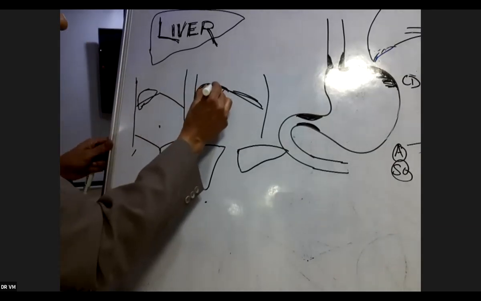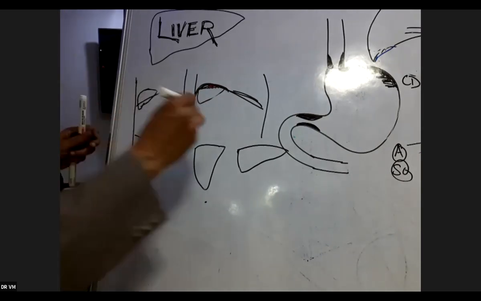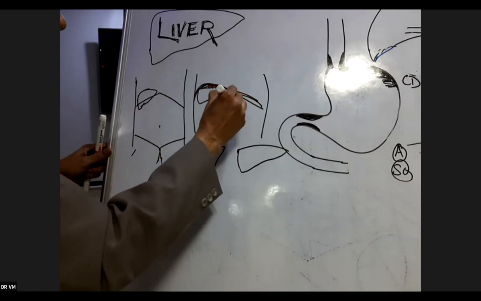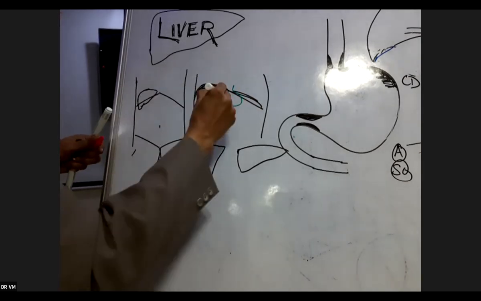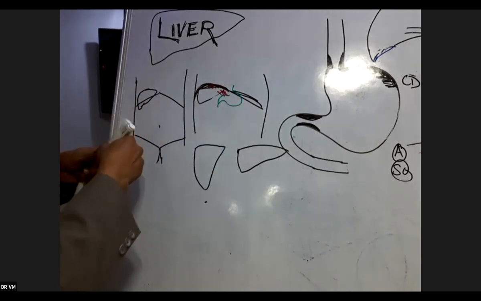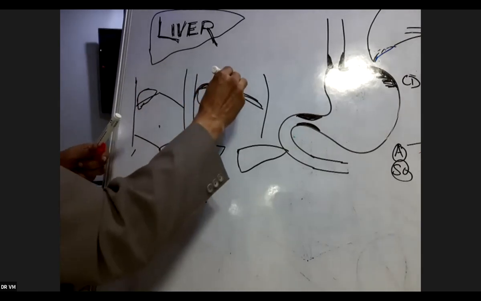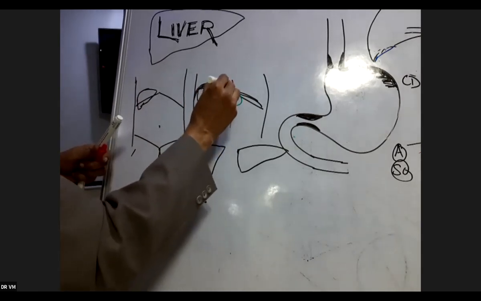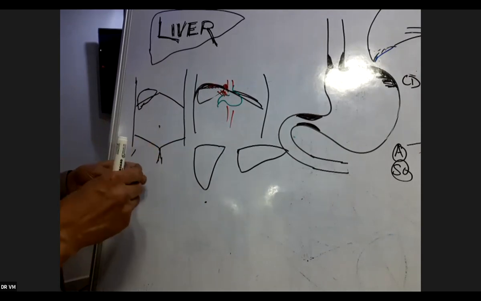From the diaphragm, we have some ligaments. And from the stomach, we have some ligaments. And from the vessels, like the aorta, we have some ligaments. So it is suspended by these ligaments' support.